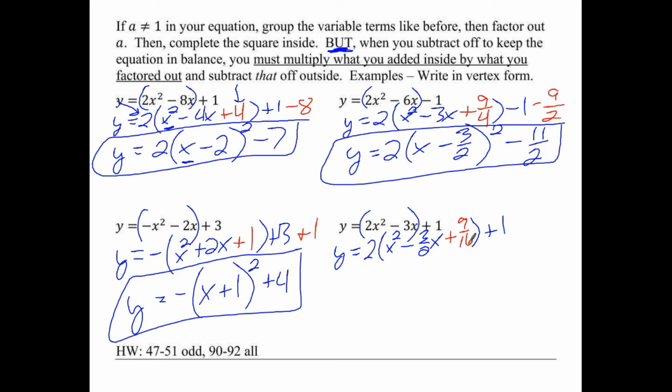No. There's a 2 out front. 9/8. Good, you're using that trick. So really what I'm doing outside is subtracting 9/8. Okay. Vertex form.